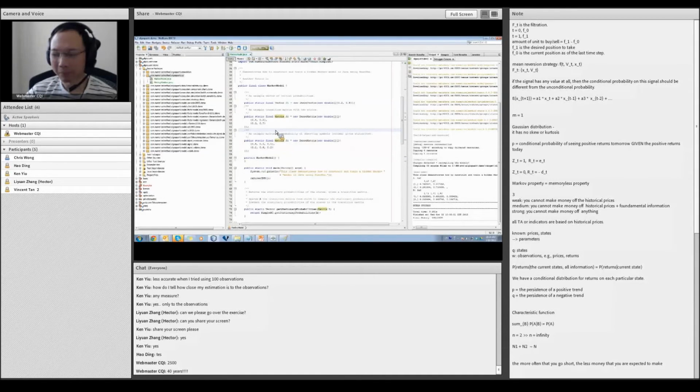Now, the Viterbi algorithm does not work for continuous distributions. There are other algorithms that estimate Markov chain models for continuous distributions. You can actually see it in the example here. The first example is about a discrete Markov chain, and the second example is about a continuous Markov chain.